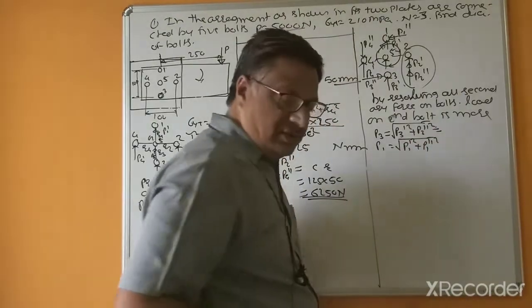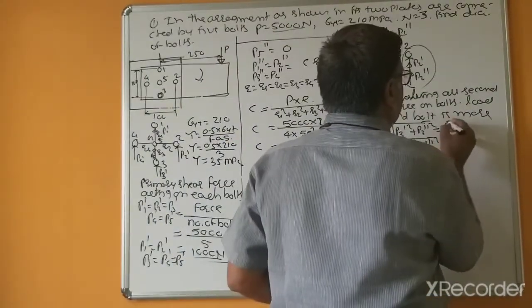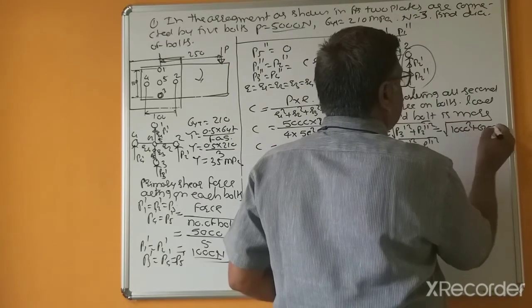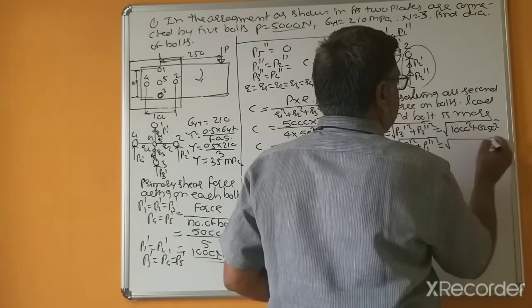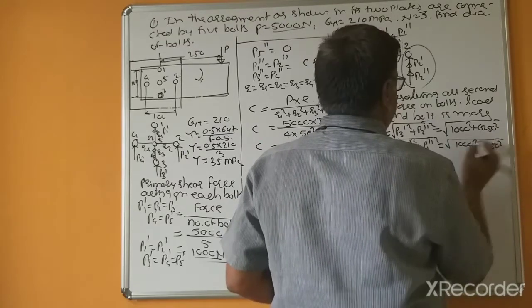So this is equal to 1000 square plus 6250 square. Here is also 1000 square plus 6250 square.